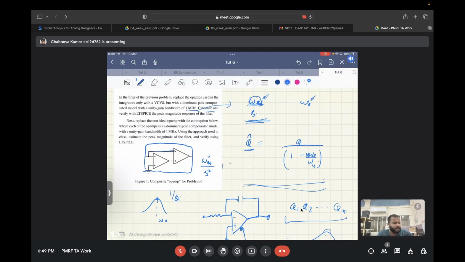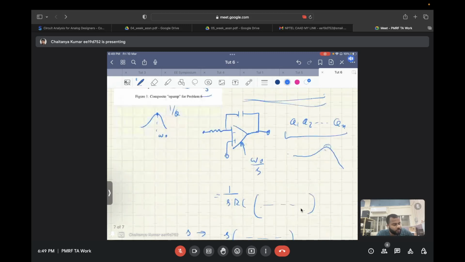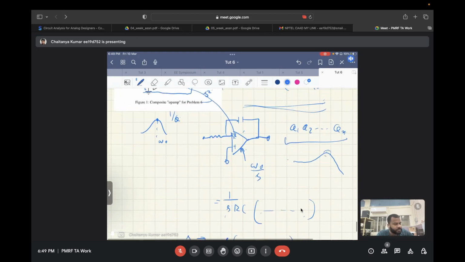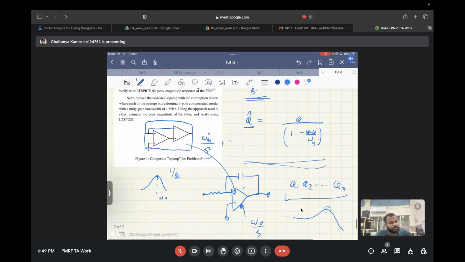When you put this complete thing in the integrator and calculate the integrator transfer function, you will see that it approximately becomes almost 1. So you get a near ideal transfer function even after having finite bandwidth in each of the individual op amps.